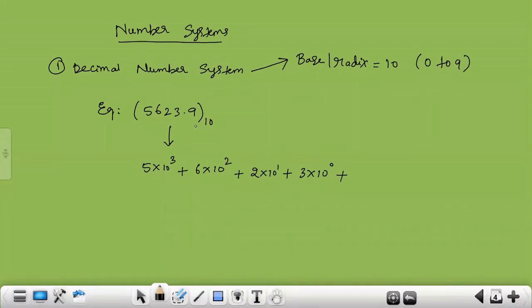After the decimal point I give 9 into 10 power minus 1. So this will be 5000 plus 600 plus 20 plus 3 plus 0.9, and I get back this particular number.